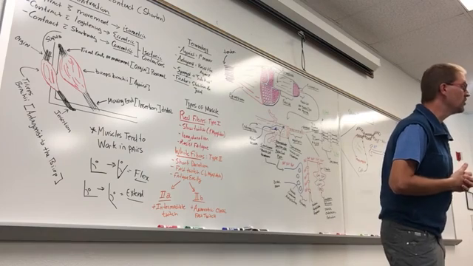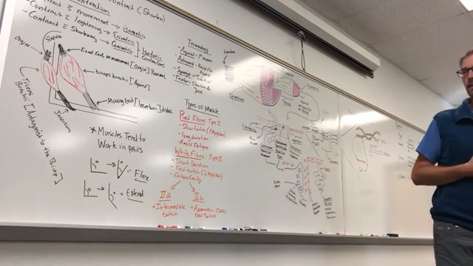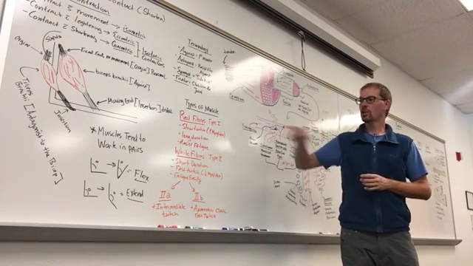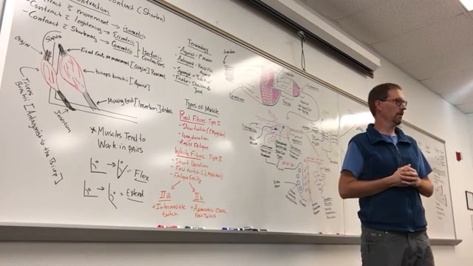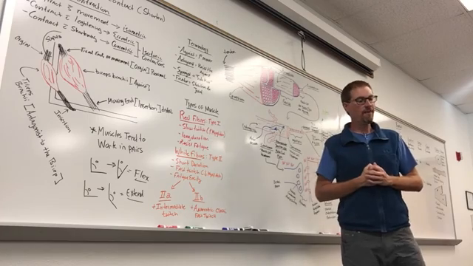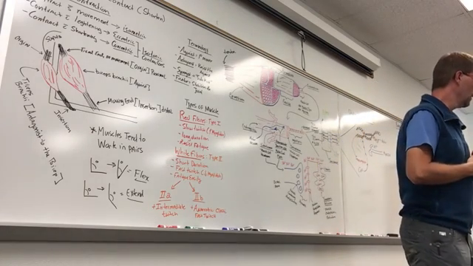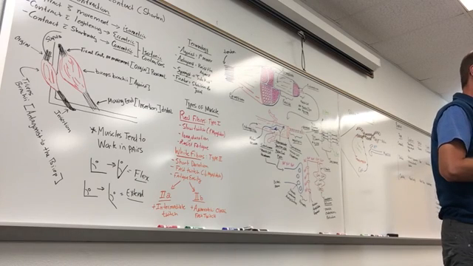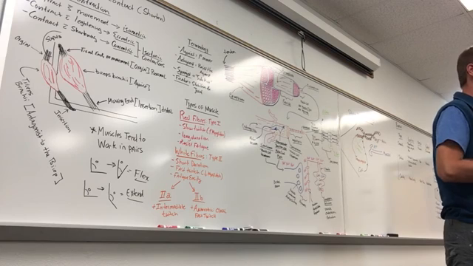It has more endurance, okay? And we call these types of muscle fibers slow twitch. They're not as fast moving, but they're in it for the long run. They're in it for the long haul, okay? So these are muscles that can work for a long period of time.